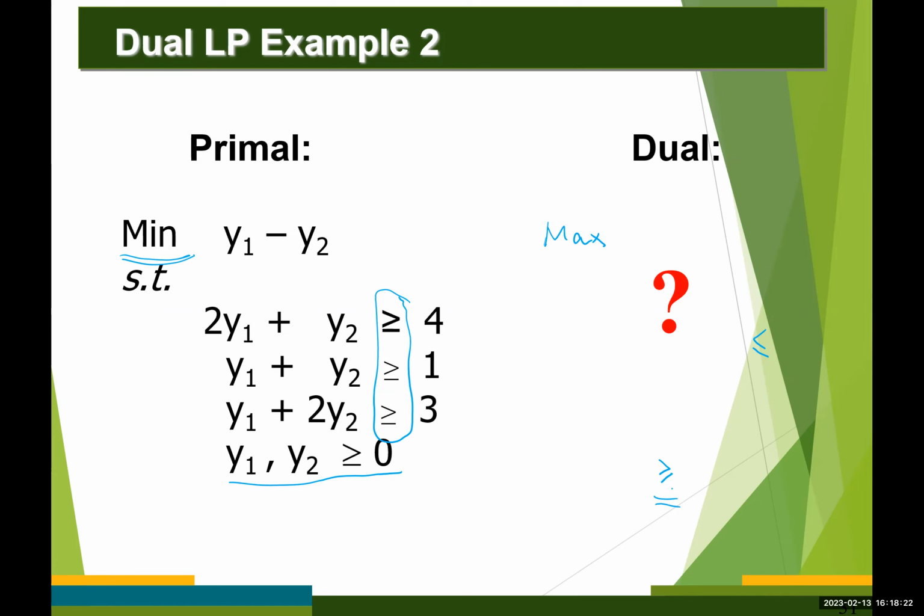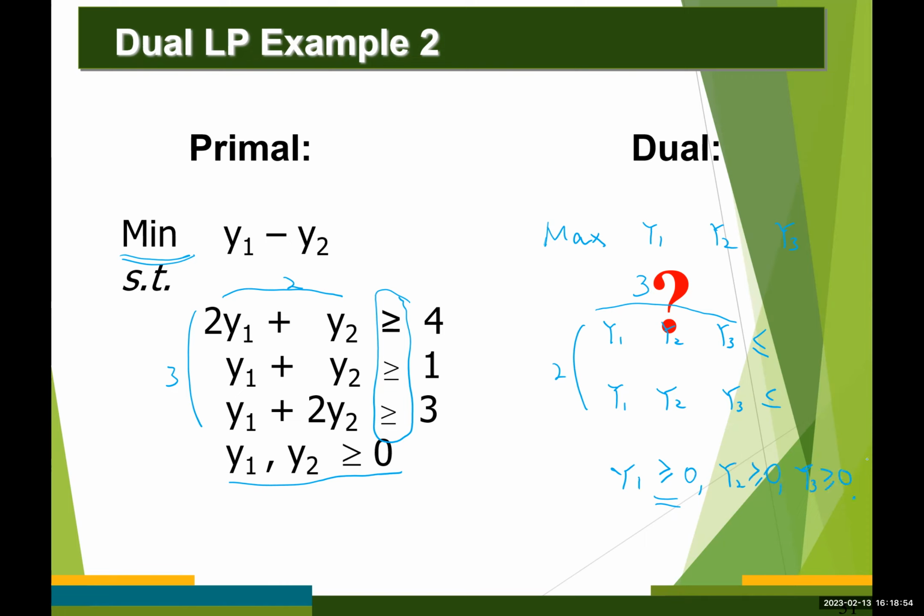This time, the primal LP is 3 by 2, so the dual LP must be 2 by 3, like before. Okay. Again, let's use y as the dual variable: y1, y2, y3. All of the dual variables must have non-negativity restrictions.